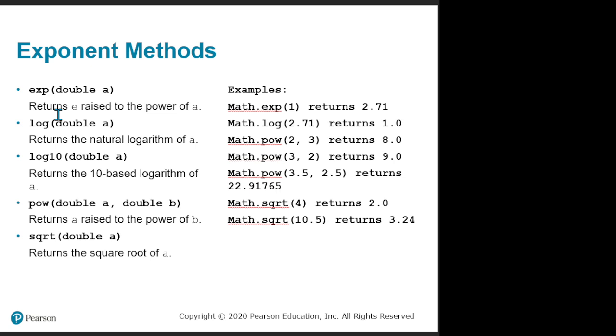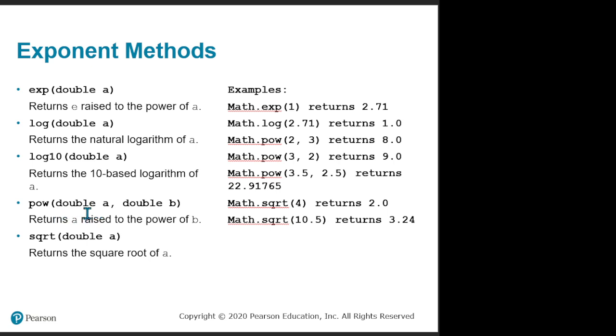Now, in a lot of old mathematical textbooks and on computer programs, log is what's on the calculator as the ln function, or the inverse of the exponential. And log10 on a calculator is the log function, or the inverse of 10 to a power.